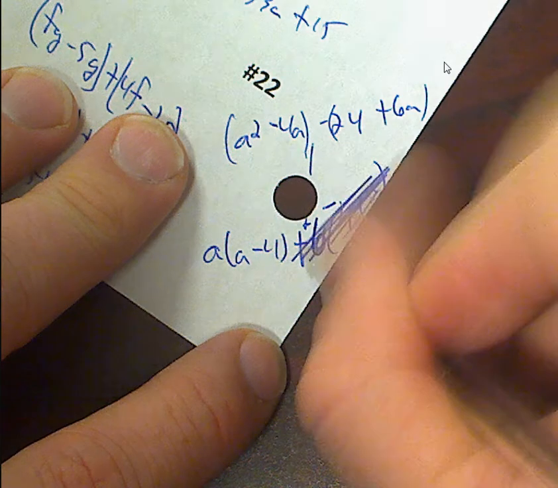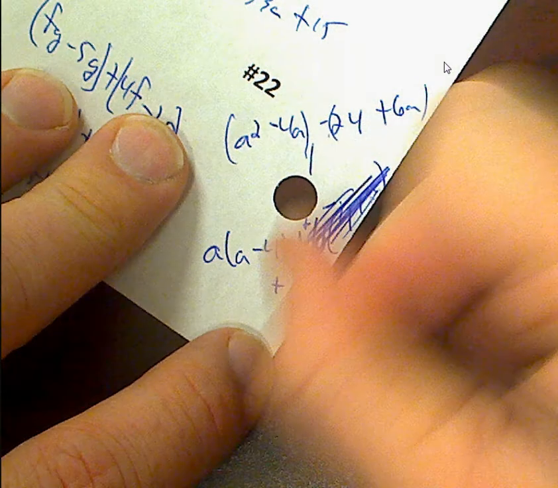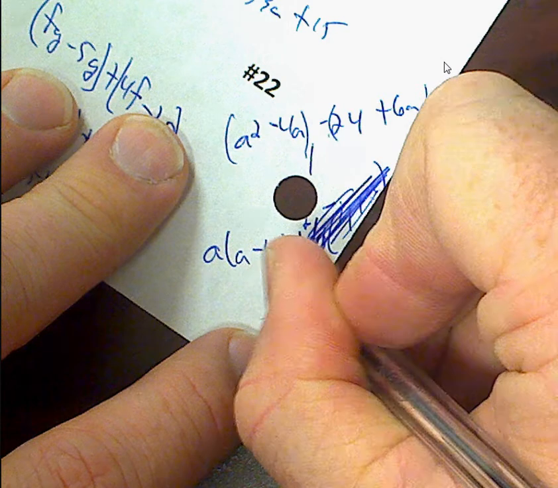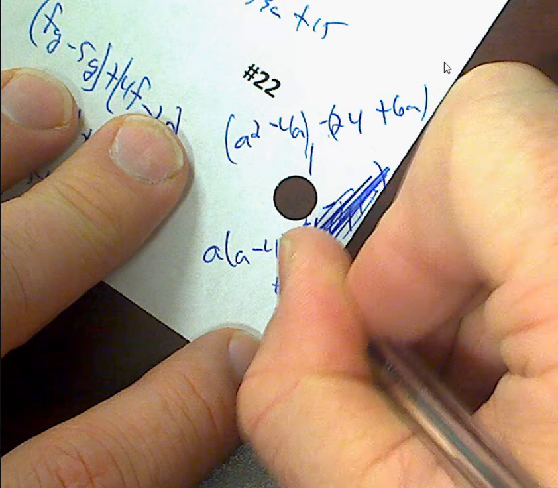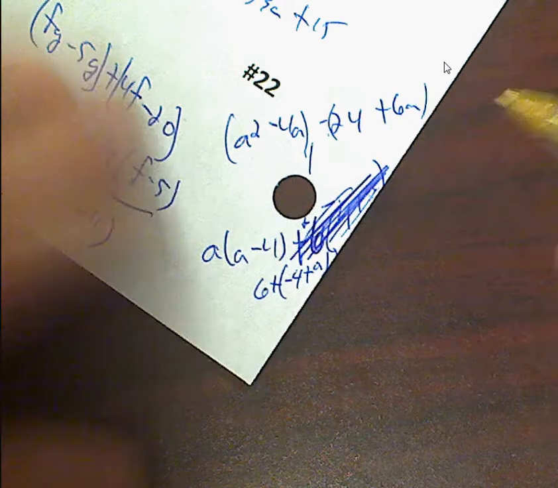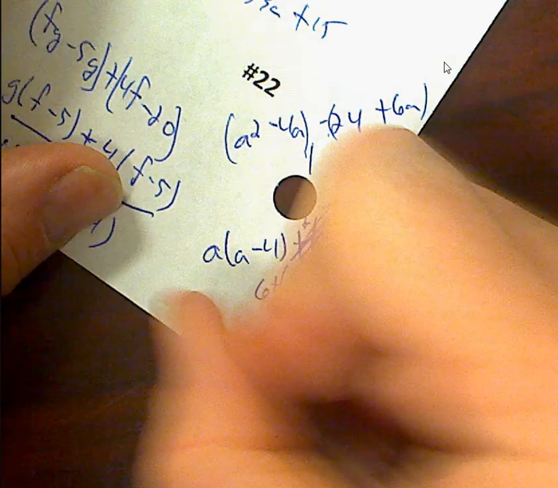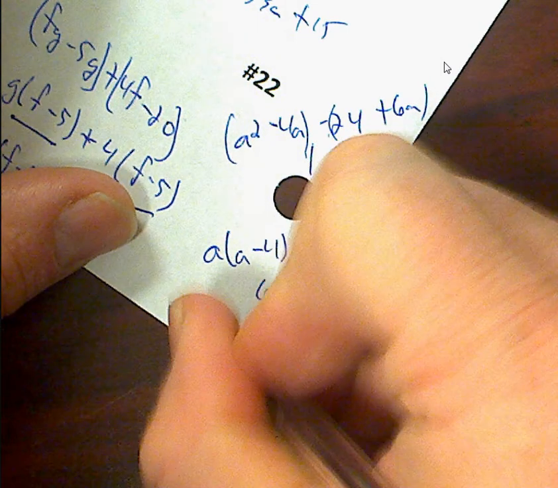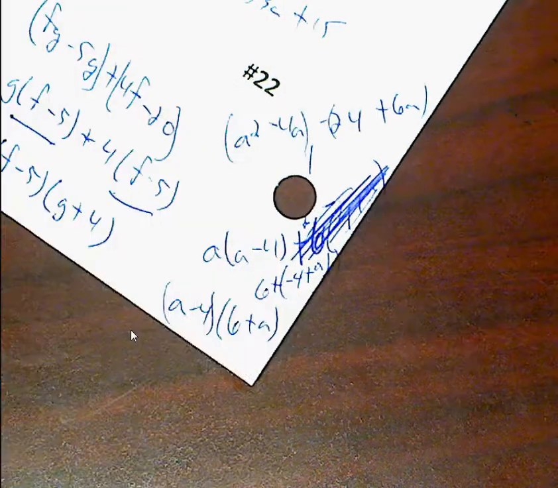Let me do this. This is really a negative 24, so that leaves us with a negative 4 plus a. If I take out a 6, so negative 4 plus a is the same as a minus 4, so I would be left with a minus 4, 6 plus a, or a plus 6, and we are done.